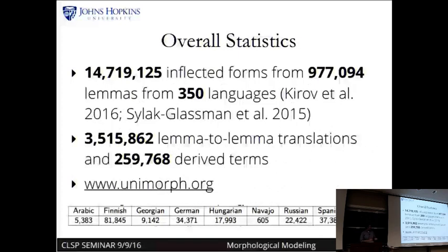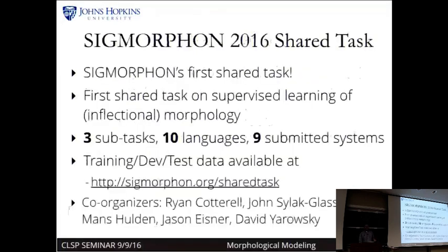And we actually did this manual verification process that I described for a few languages. And we needed to do this because we needed to use this data for the next thing that I'm going to talk about, which is the SIGMorphon 2016 shared task. This was SIGMorphon's first shared task. It was the first shared task that I'm aware of on supervised learning of inflectional morphology.